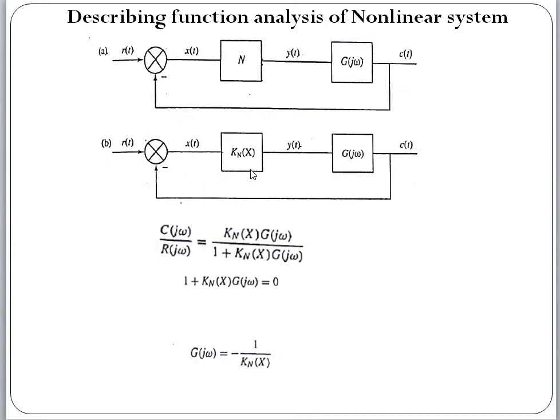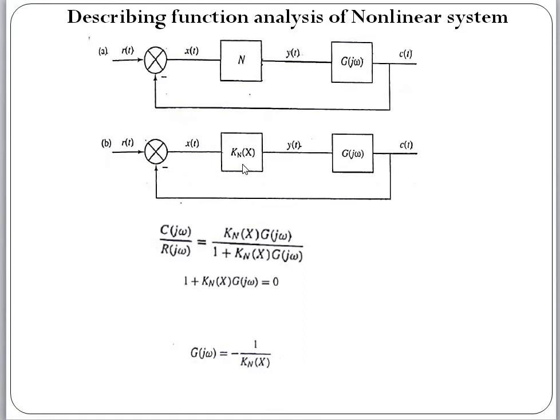So in this system, G of j omega will be a polar plot. We can draw the polar plot of this G of j omega. Also, we can draw the plot of Kn of X or minus 1 by Kn of X.